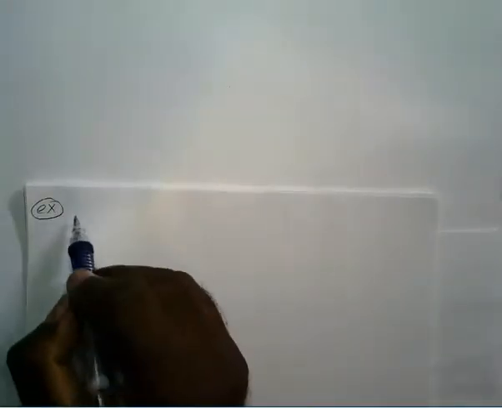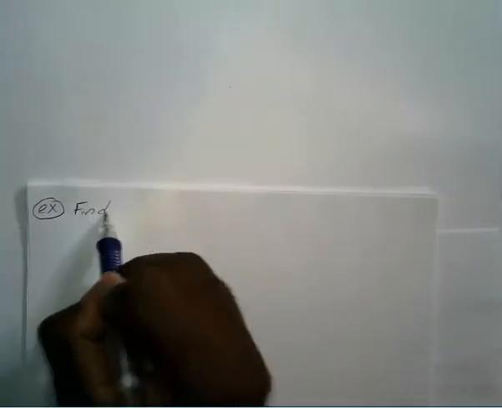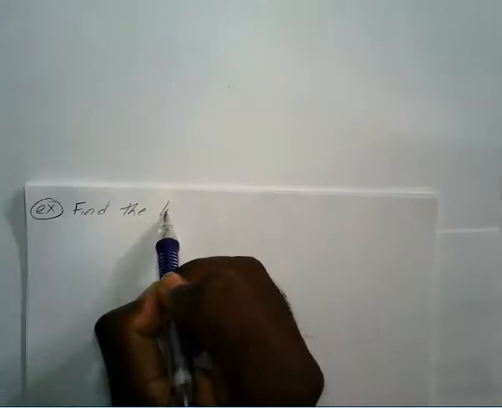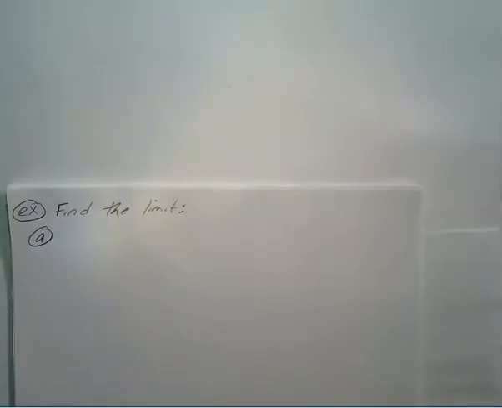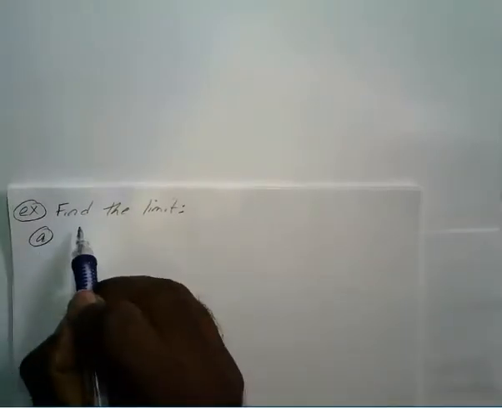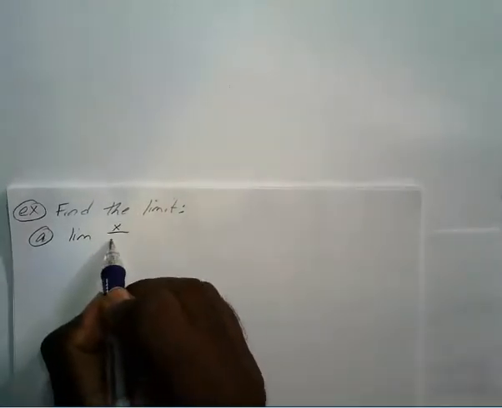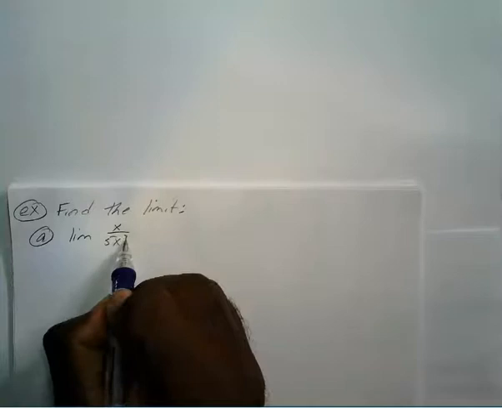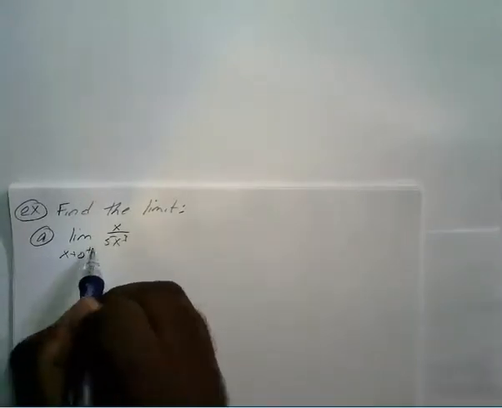Alright, so let's say you wanted to find the limit. Let's say for problem A, you have the limit of x over 5x to the third as x approaches 0 from the right.